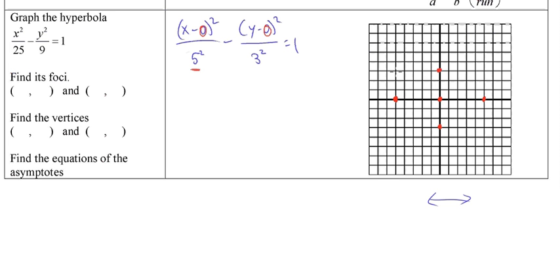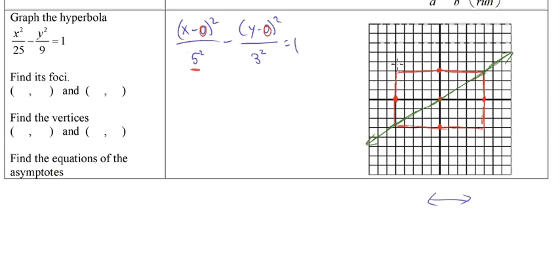And now this box is not part of the graph. This is just a tool to help us graph the hyperbola. And from there we can see that our asymptotes, which are not part of the graph either but are another tool to help us graph it and understand what's going on, go through the corners of the box.